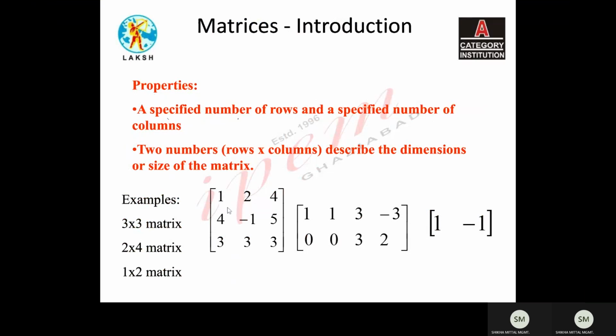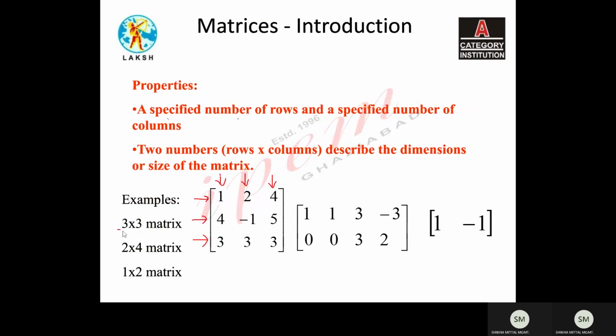As in the first example, there are three rows, 1, 2, and 3. And there are three columns. First column, second column, and the next one is our third column.